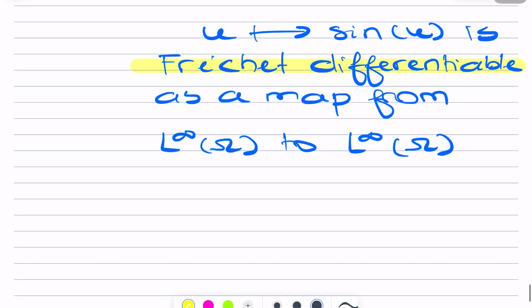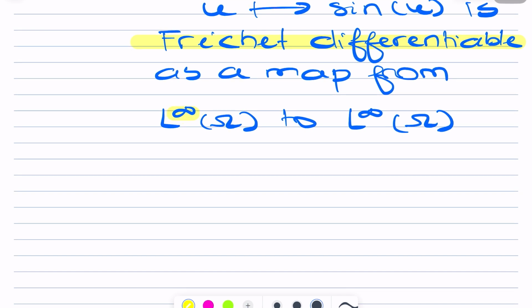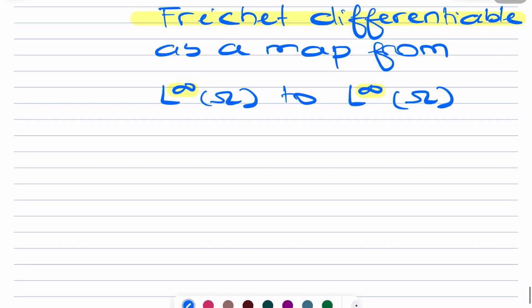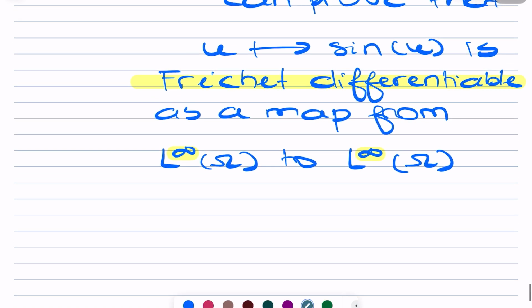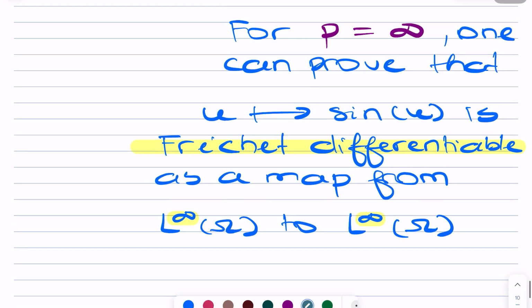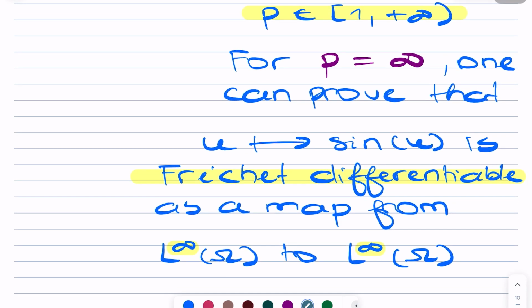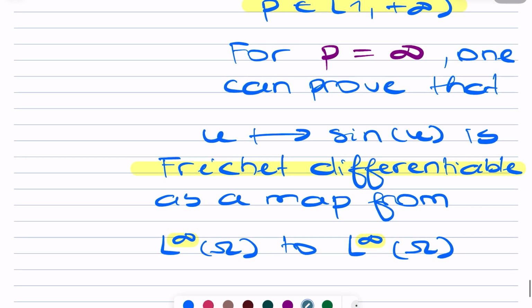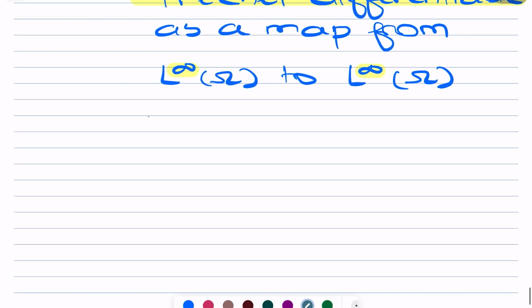If you want to prove this, you can prove that the sine function defined from L infinity of omega to L infinity of omega is Fréchet differentiable at every point. The proof actually uses the mean value theorem.